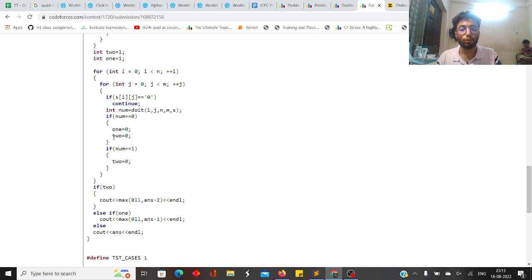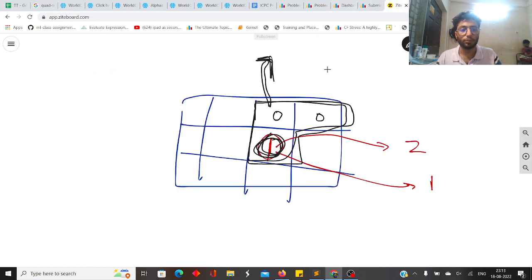Putting 2 as 0 means that I have an L shape to start with such that I'm losing out only on one of the ones, and 1 as 0 means that I'm losing out two of the ones in one case. So this 1 corresponds to the case of the x minus 1 operation, and this 2 corresponds to the case of the x minus 2 operation.